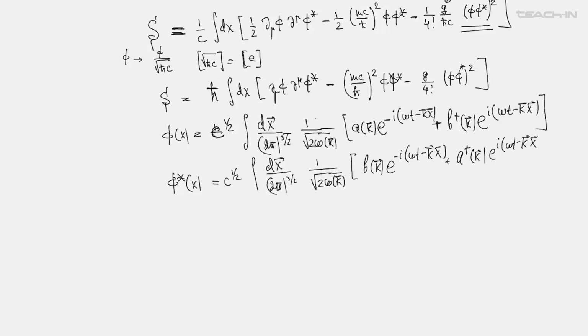Do we also have some higher order terms other than phi star squared? No. It's enough to consider this interaction phi to the power 4, which is essentially the modulus squared of phi squared. But we can also treat it as a perturbation, right? Yes. This is what I'm going to do.